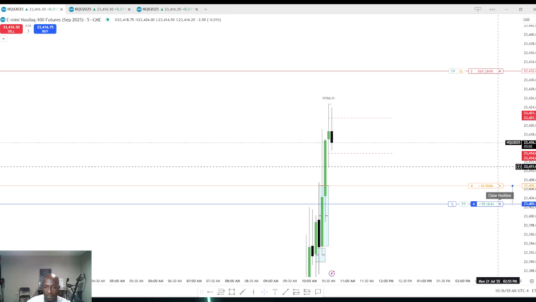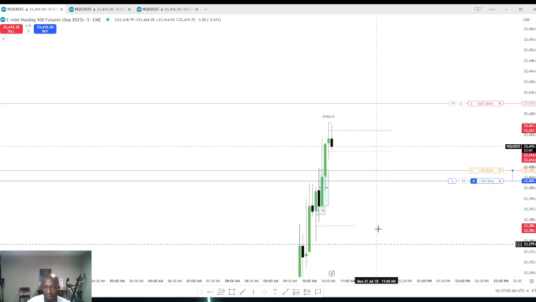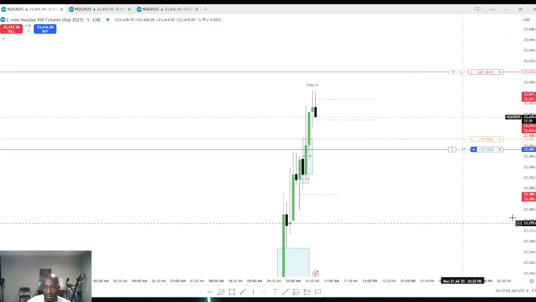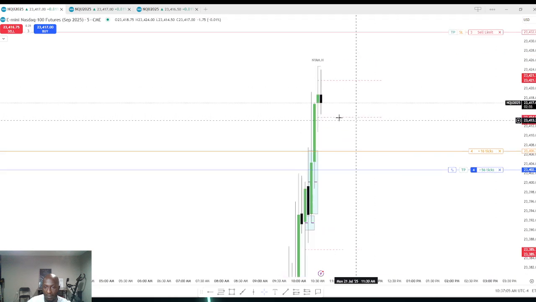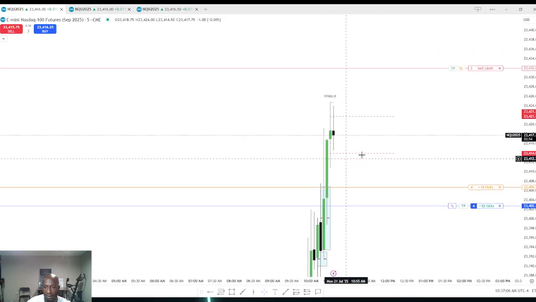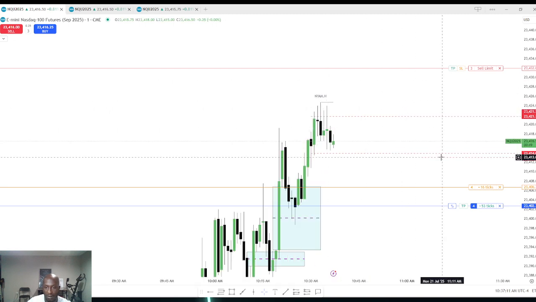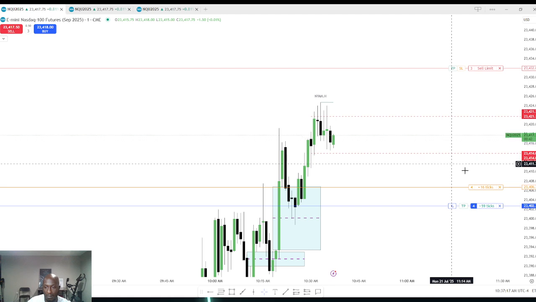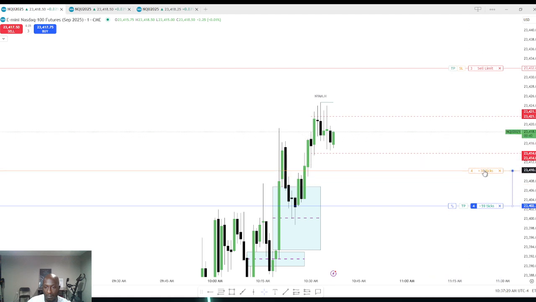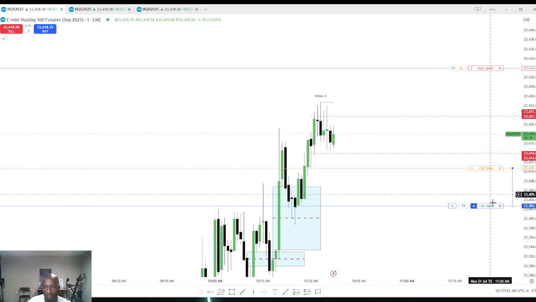Because the only inefficiency down there is this. So again, ideally, I would like to see it stay above consequent encroachment of this wick. She does start to.